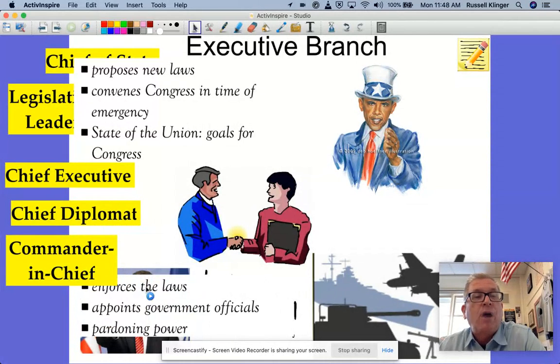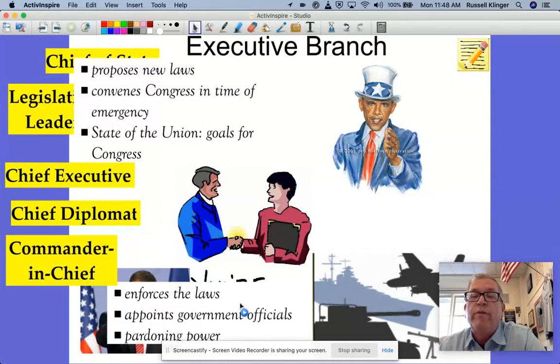Probably the most important job the president has is to enforce laws made by Congress. They have the power to appoint government officials, and to appoint members of the federal court system.